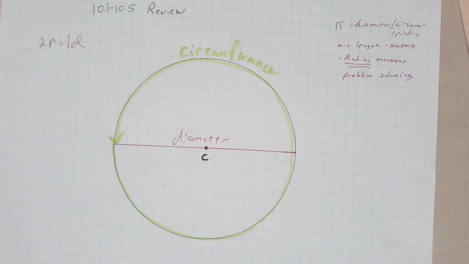So how do we express relationships or ratios in geometry? Well, that's with a fraction, right?